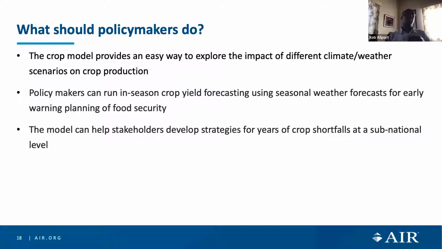So in season is where you use the forecast information and other information to help you fill in the whole year for you to run the crop model and be able to see the results that are going to help you in planning. So as we saw in 2022, there will still not be a lot of maize produced.